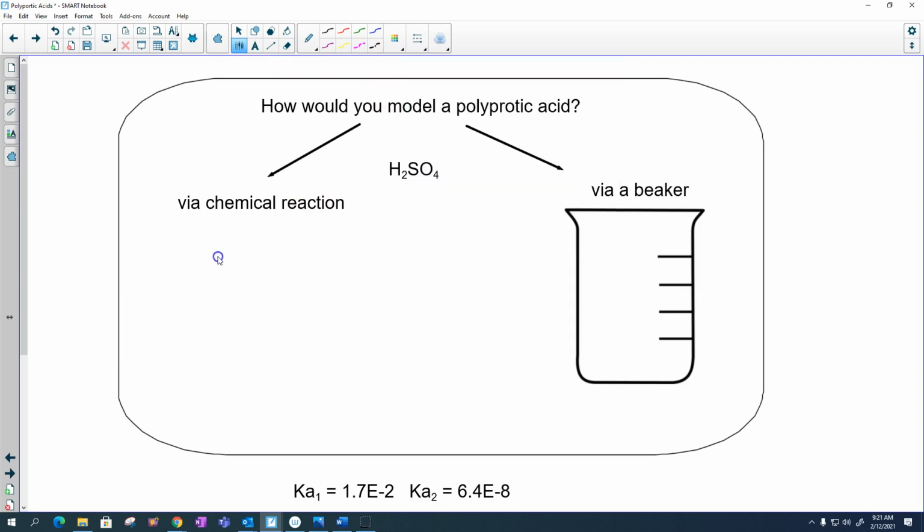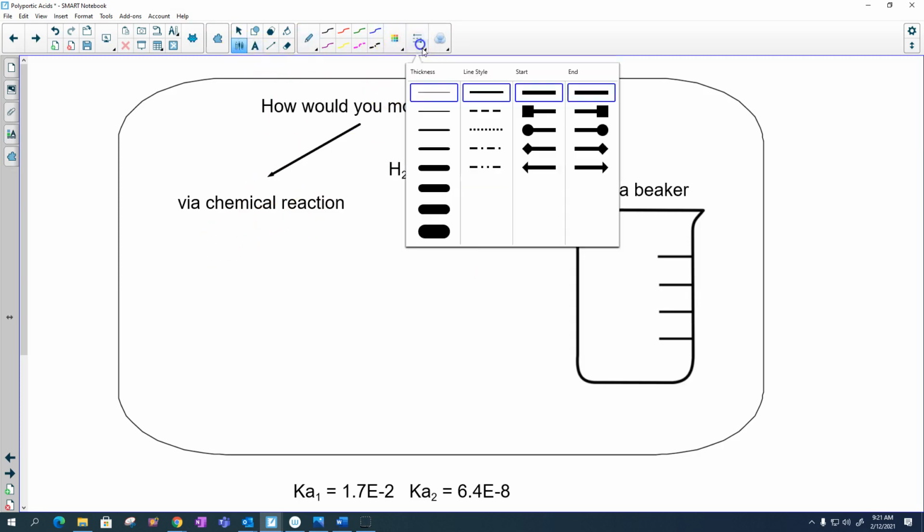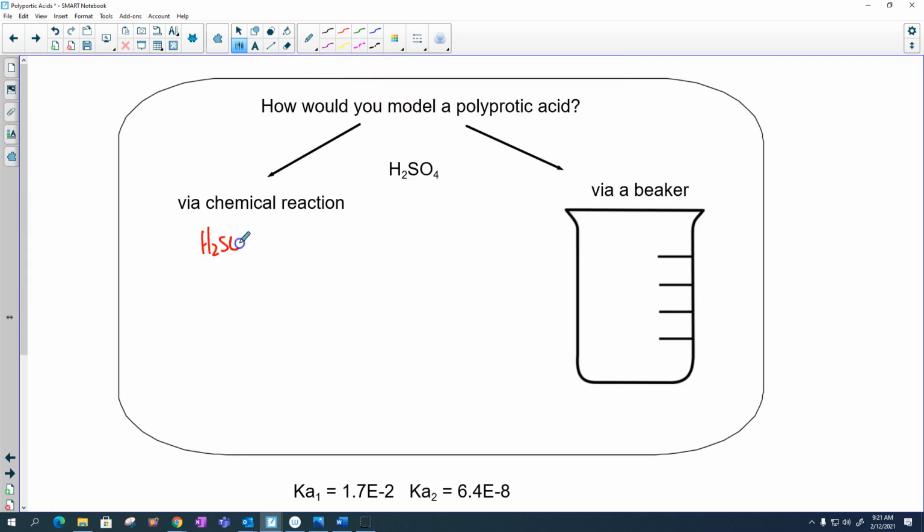It means that H2SO4 goes 100%, plus H2O yields H3O plus and HSO4 minus 1. All right? This goes 100%. It's got a Ka value that is through the roof, and we don't really know anything else about it.